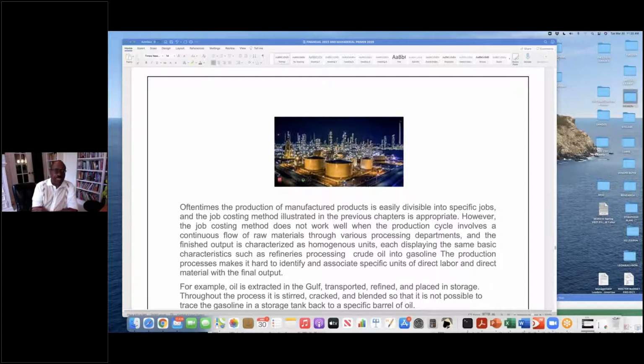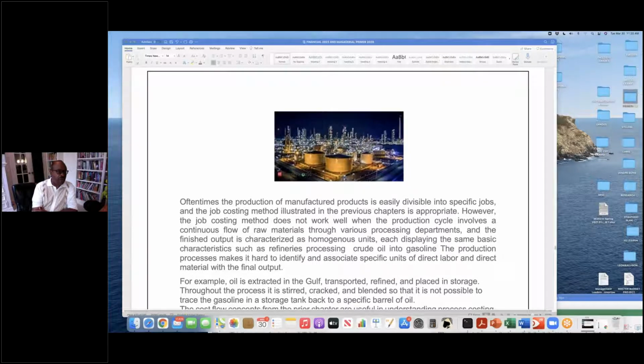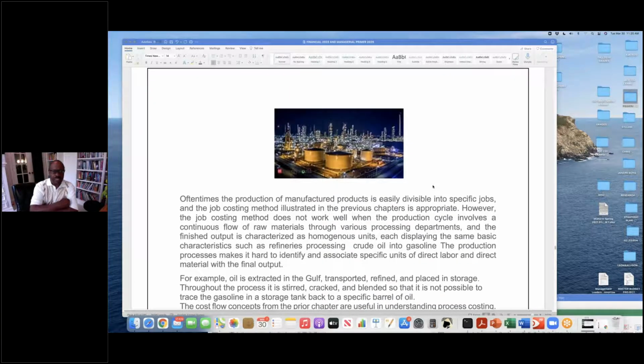Like gasoline, the crude is moving along. We don't have set items. It's just kind of moving along. And so we can't identify, okay, we've got 100 units here and in the warehouse there and all of that. That's not happening. And so we change how we do our calculation.